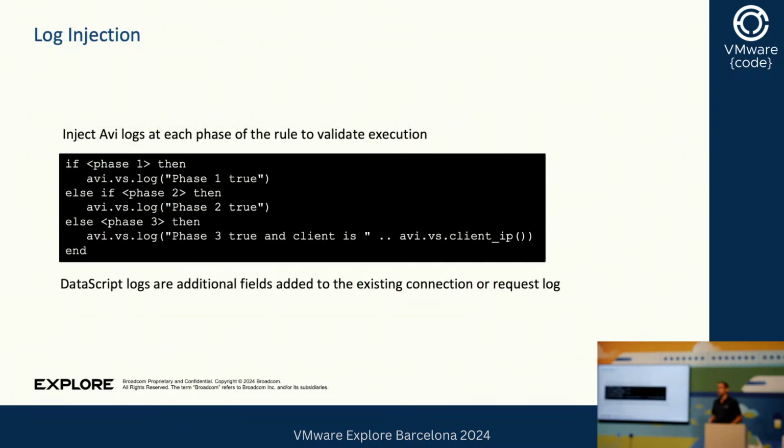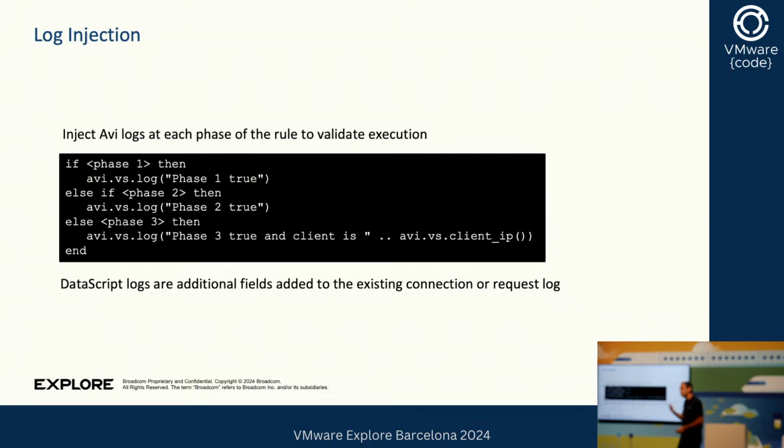Something very, very useful: when you do those kinds of things, always put in some logs, right? Because you want to make sure that if you have, for instance, an if statement, you are actually going into this if statement. So if you add this AVI VS log, later you go to the logs, and this will generate a log.